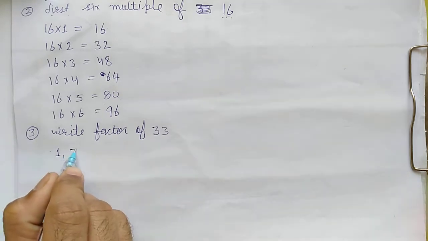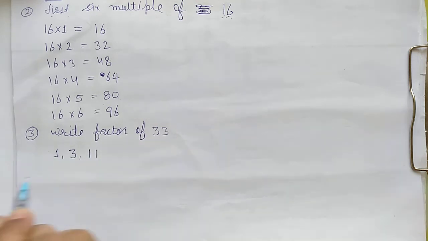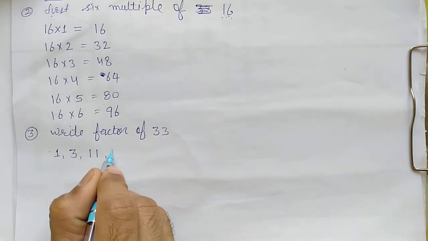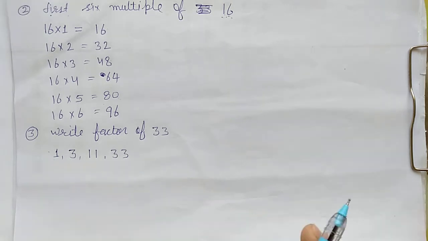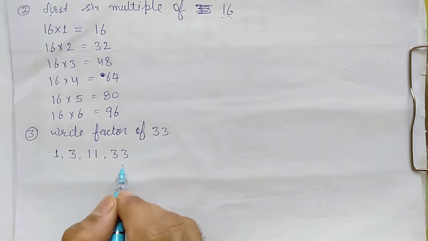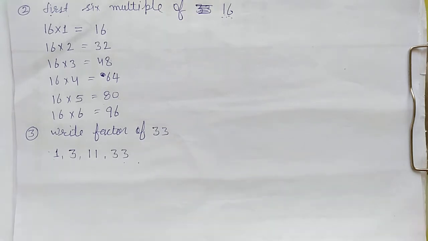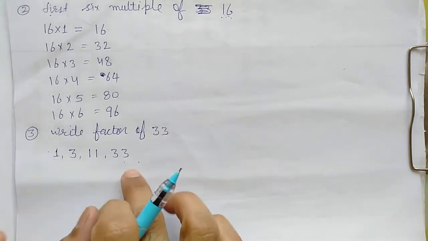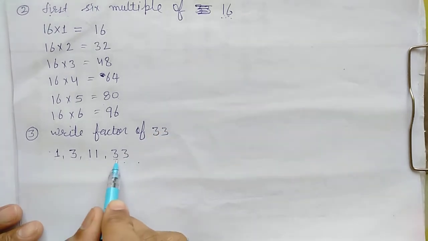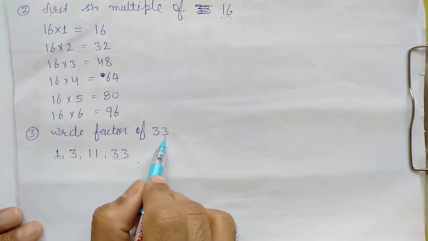After that it is divisible by 3 also. Yes, 3 is also there. Then it is divisible by 11. Yes, 11 is also there. And now it is divisible by 33. So 1, 3, 11 and 33 are the factors of 33. So like this we will find. The number by which it is divisible, and all numbers less than this, we will write. This is the greatest factor and this is the smallest factor of 33.